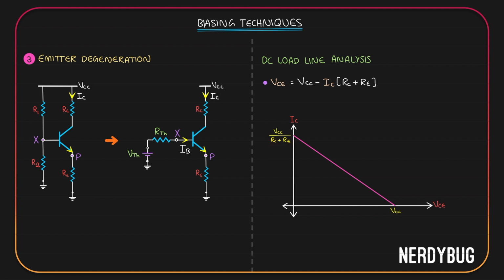Let's overlap the IV characteristics of the transistor in this graph. I'll also choose a Q point just for fun. I'm giving VBE2, that means I'm getting this much collector current. But according to the DC load line, this much collector current requires this much VCE. So my Q point will be over here.